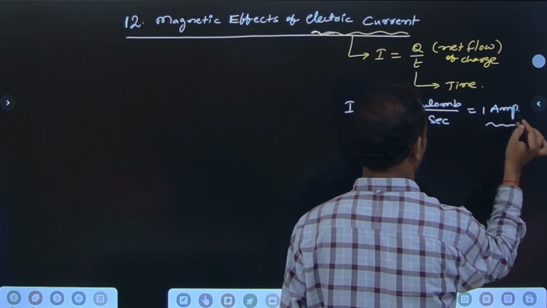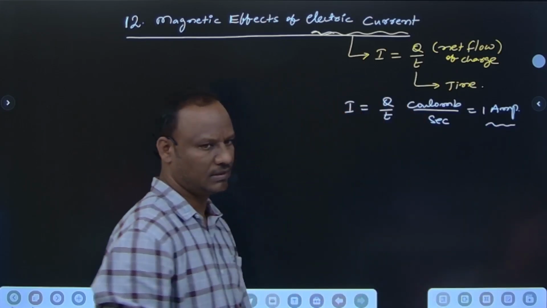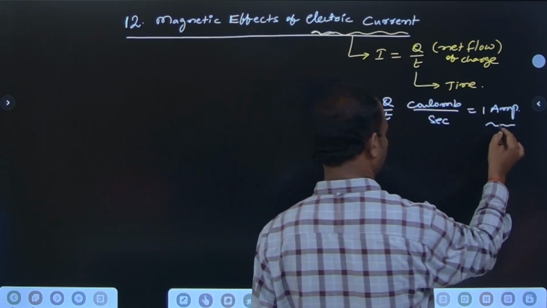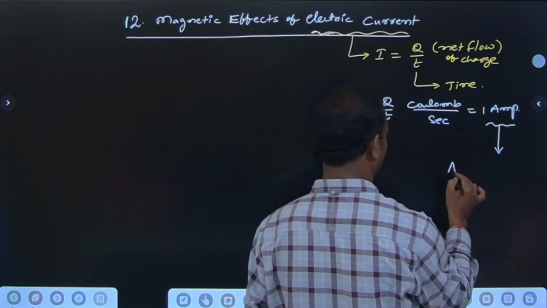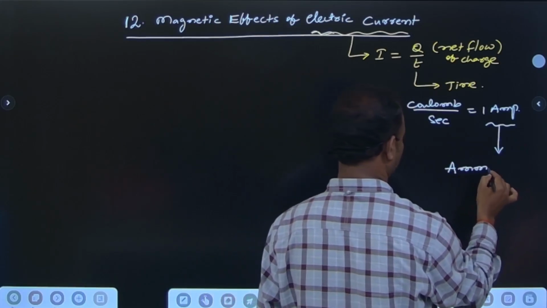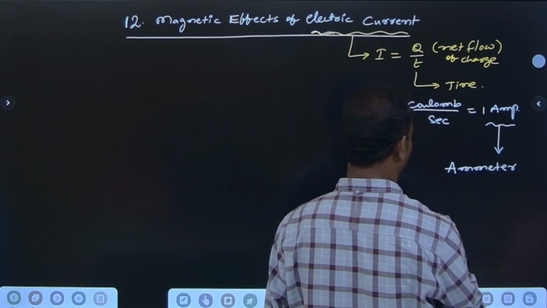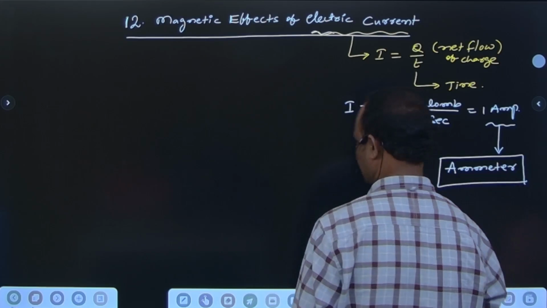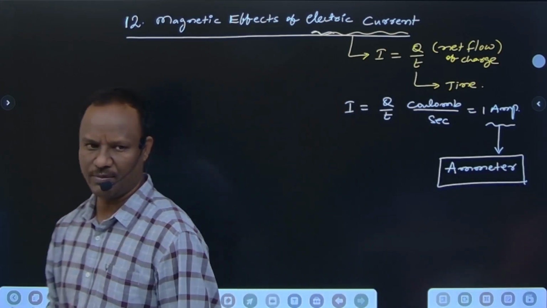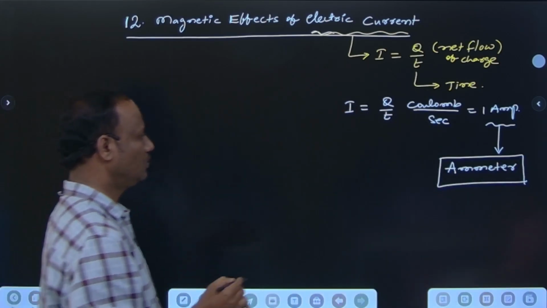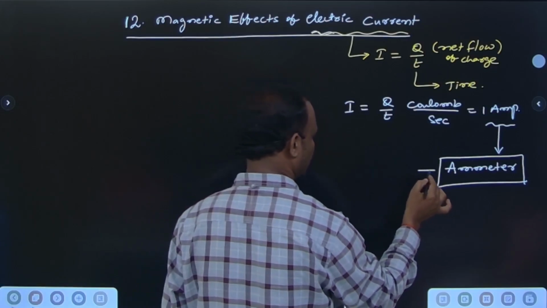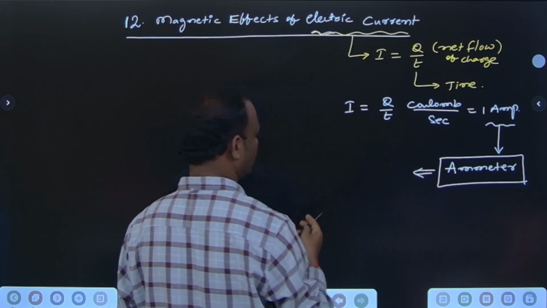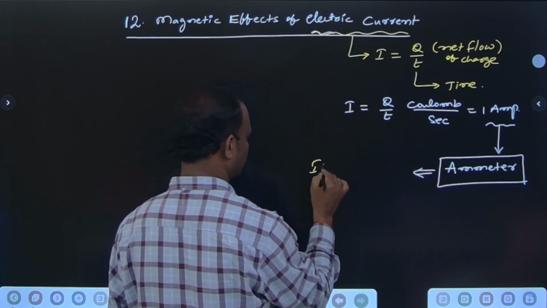For the ampere, we use an ammeter. So what is an ammeter? An ammeter is a device which is useful to measure current.